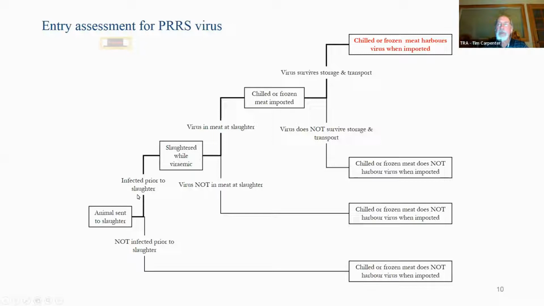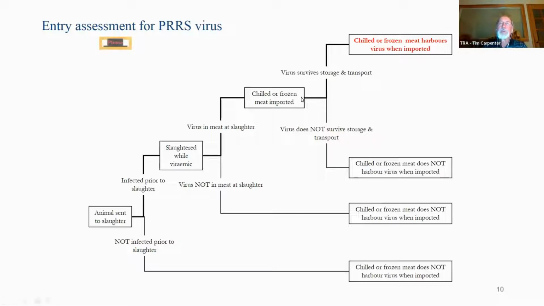If, on the other hand, the animal is infected, it could be viremic. It may be long enough into the infection process that it's viremic, and there is therefore virus in the meat. Possibly on slaughter, if there is virus in the meat, you chill the meat. If you effectively chill or freeze the meat, then you will come up with an outcome where there is no viable virus in the meat product upon export.